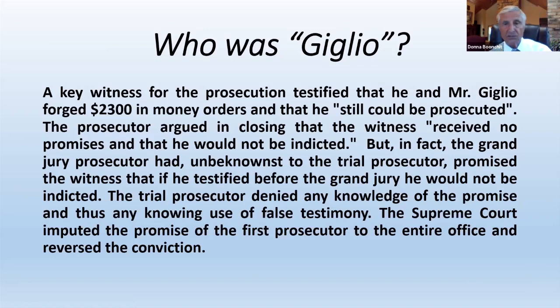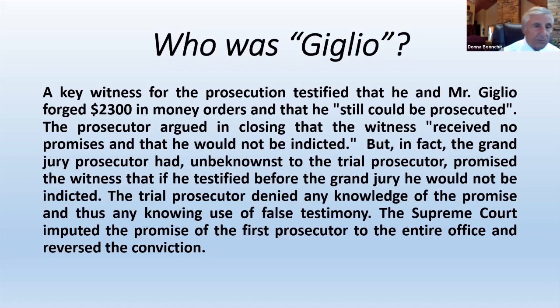The trial prosecutor denied any knowledge of the promise. He didn't know about it. And thus any knowing use of false testimony. He says, this isn't a violation because I didn't know that the other prosecutor had offered him immunity. I thought he was telling the truth when he testified that he was testifying for no negotiation or deal.